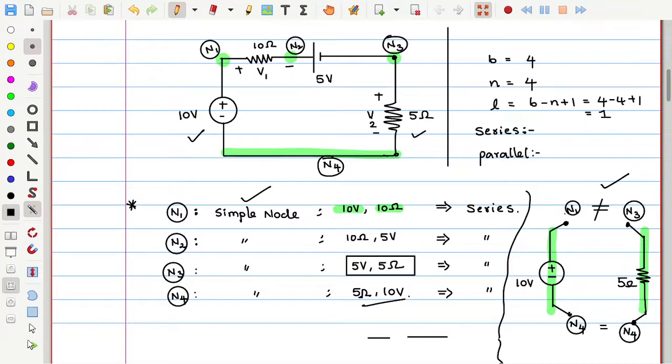On one side N1 is the parent, on the other side N3. These are different, so we cannot say these are in parallel. Many students assume that once elements are side by side, they are parallel. You should come out of that kind of convention in determining the parallel nature.